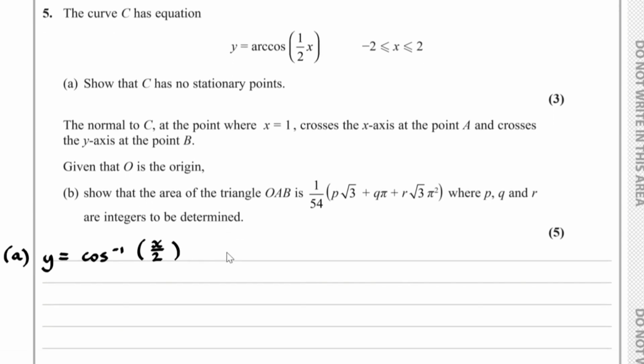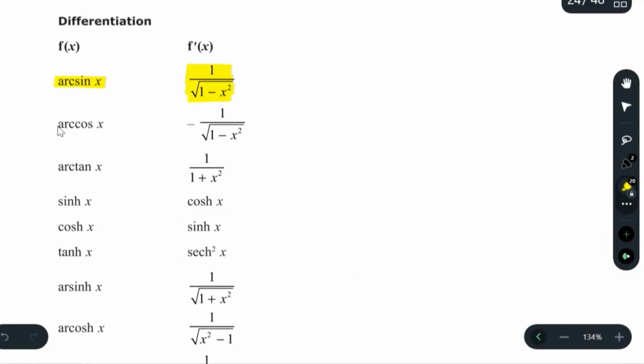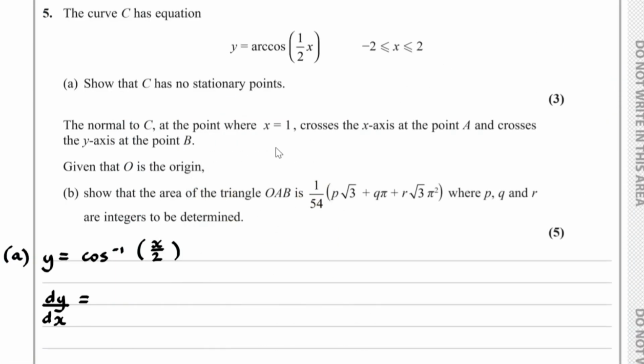And so dy over dx, if we go to the formula book, the derivative for the arc cosine of x is -1 over the square root of 1 minus x squared. Well, here we don't have an x, instead we've got an x over 2, so we'll have to use the chain rule.